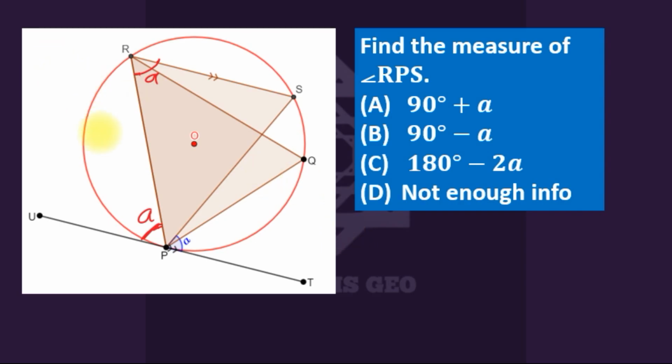With that, we are asked to find angle RPX, which is this. So we now have a complete angle on a straight line. So let's solve. First, we'll notice that angle PRS is A by the alternate segment theorem.